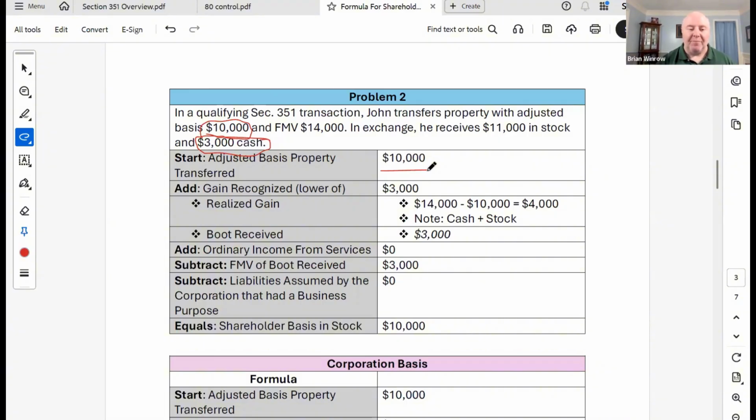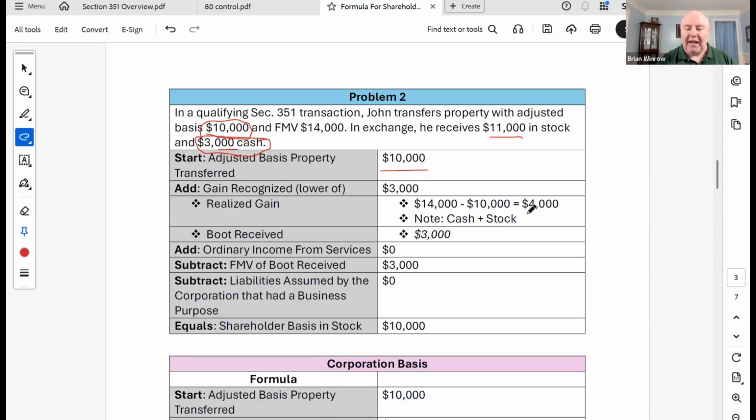Now let's look at the gain recognized. Well, our gain recognized is going to be the lower of our amount realized, $3,000 of cash plus $11,000 in stock. So we're receiving $14,000 worth of property minus $10,000, which is our basis.